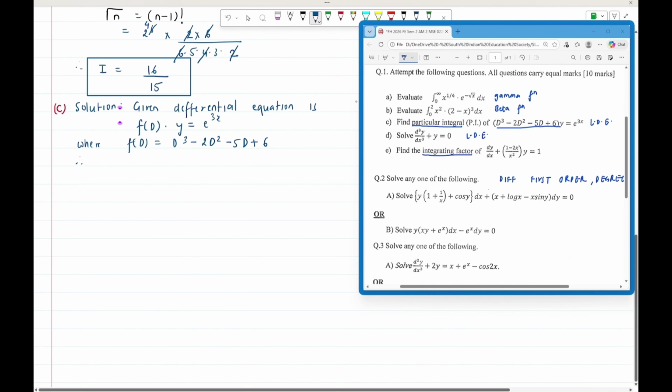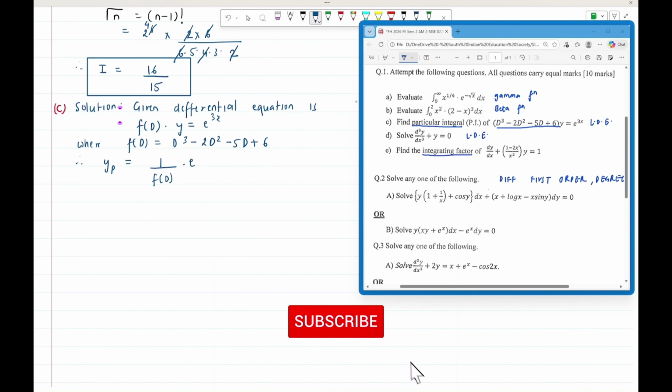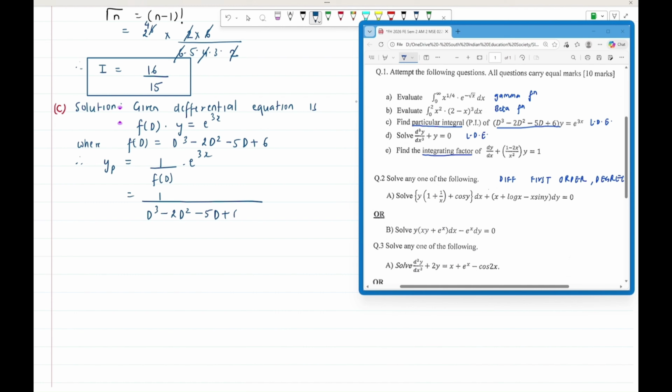Since we are looking for the particular integral, the particular integral is given by yp and it is equal to 1 over f of D times e raised to 3x. So in this case, this is going to be 1 over D cube minus 2D square minus 5D plus 6 times e raised to 3x.